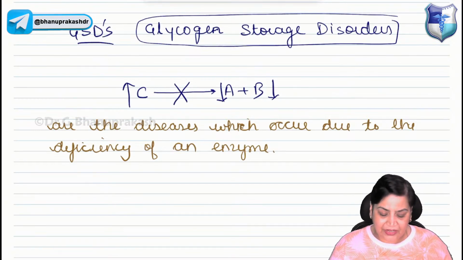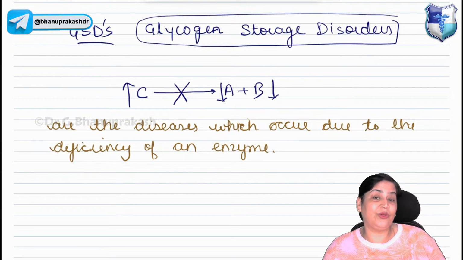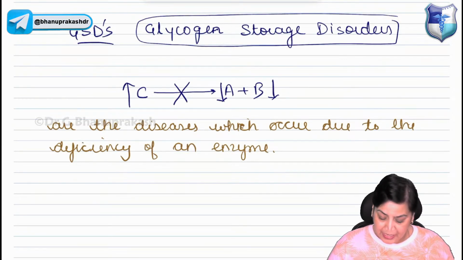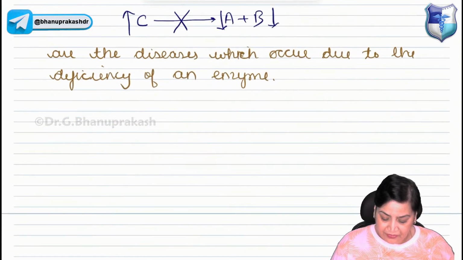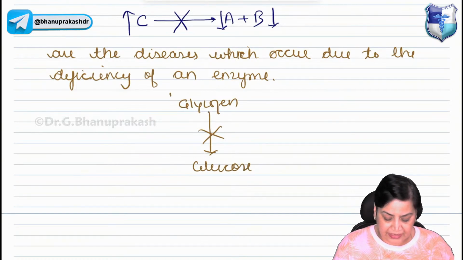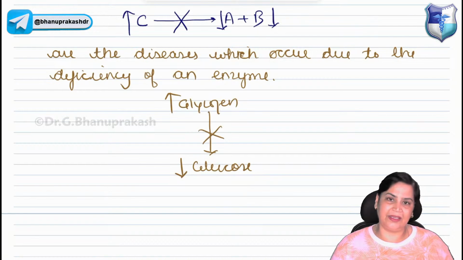Obviously, it will lead to either accumulation of glycogen or decreased concentration of glucose. Clear? Because glycogen is not being degraded to glucose, the concentration of glycogen increases and the concentration of glucose decreases.